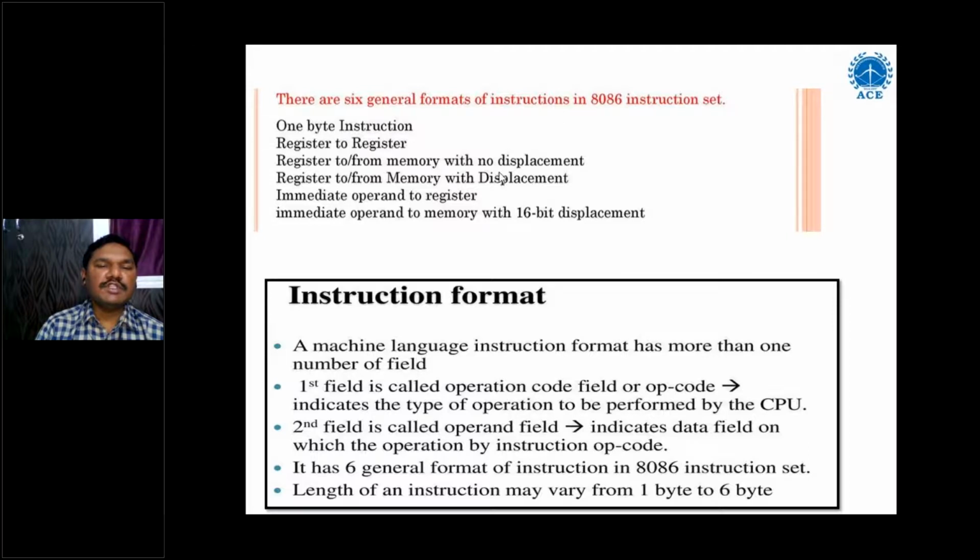If I write with displacement, MOV AX, [SI+50] or [SI+5000], that is what we call with displacement and with no displacement. Okay, so immediate operand to register: suppose if I write MOV AX, 5000, the data 5000 is moved into the register. It's called immediate operand to register. Immediate operand to memory: these will all be explained in addressing modes, that we will see later.